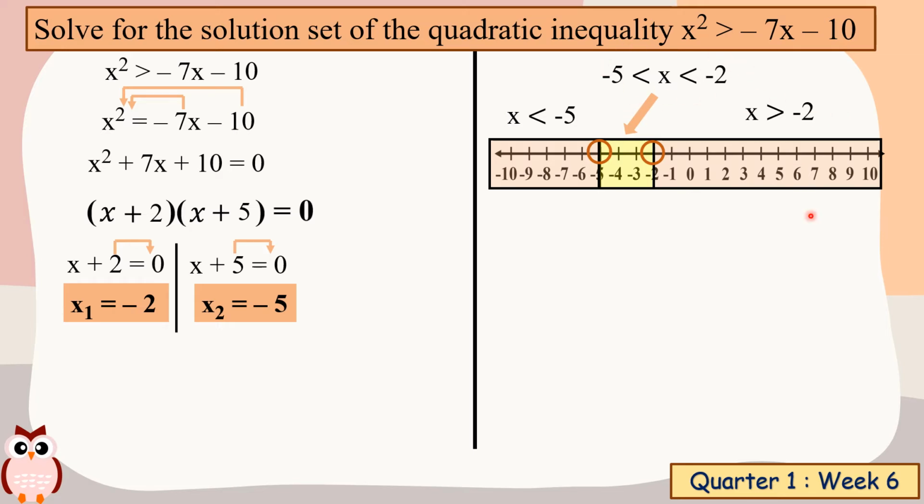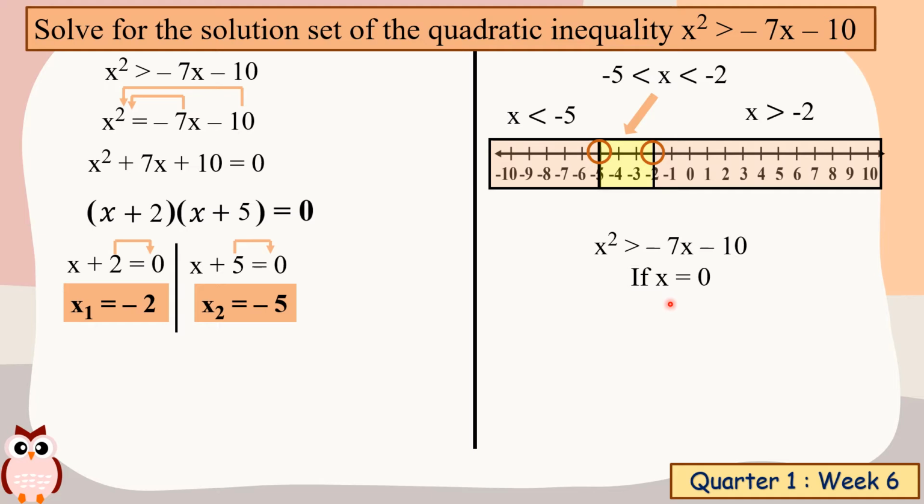So we're going to have here our test point. To have our test point, we will just copy our given quadratic inequality, at ang test point natin palagi is x is equal to 0.